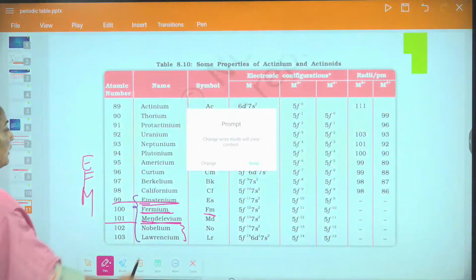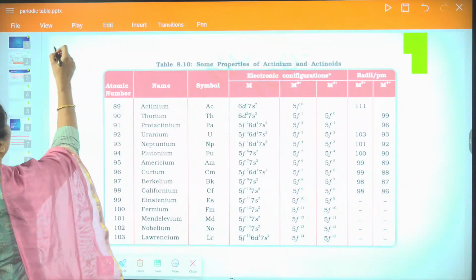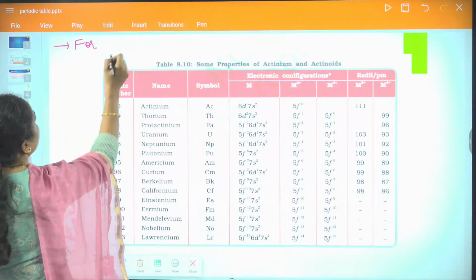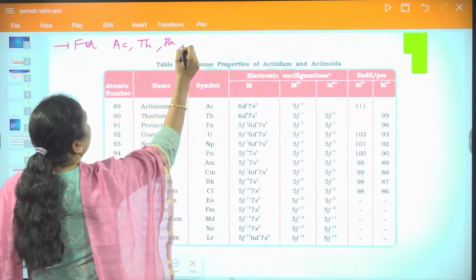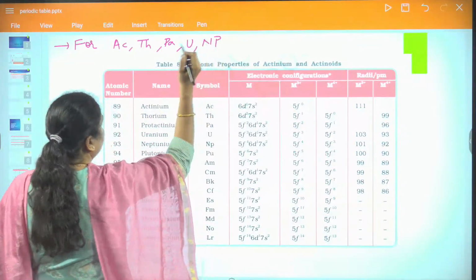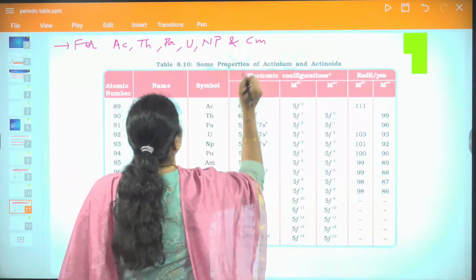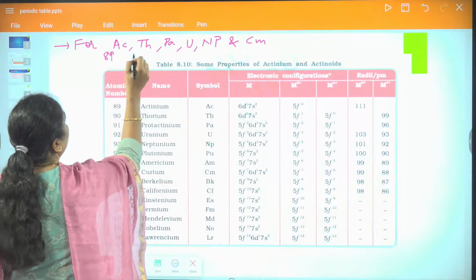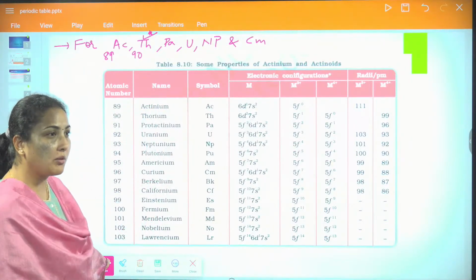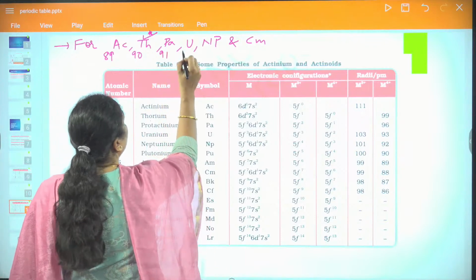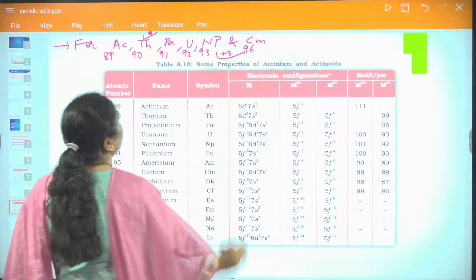Okay. Now, next you write down actinium, thorium, protactinium, uranium, neptunium, and you are having curium, right? So it's 89, 90, and again I am putting a star mark on thorium, so you understood what star mark means there. 91, 92, 93, add 3 here, you will be getting 96, right?